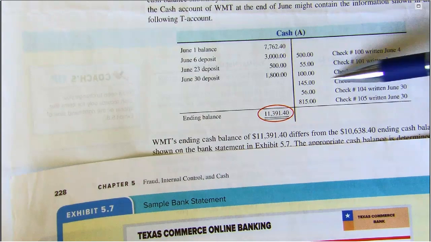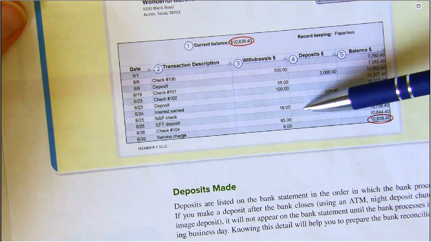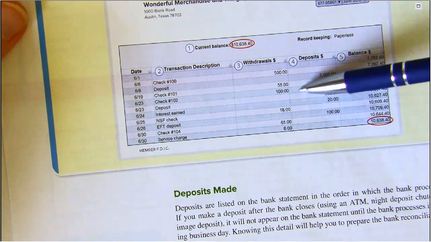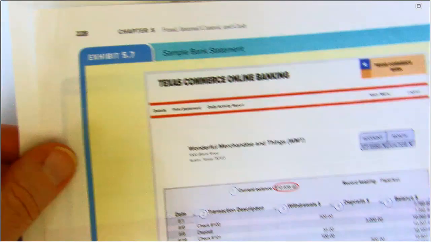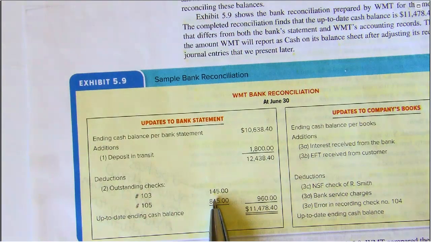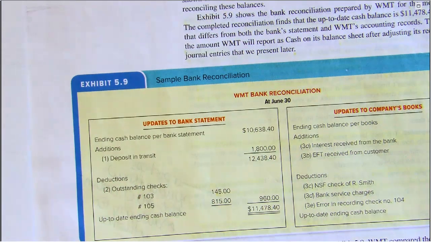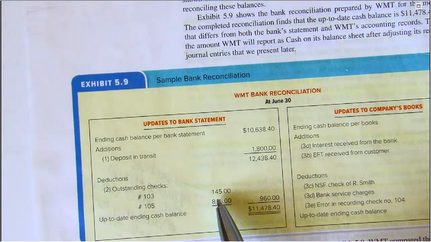We see check 103 for $145, and we spoke too soon. It's not listed on our bank statement, so we need to list it on the reconciliation. It's another reason why our balances don't match. We have it deducted to arrive at our ending balance on June 30th, but the bank doesn't have that information, so we need to deduct it from the bank side.